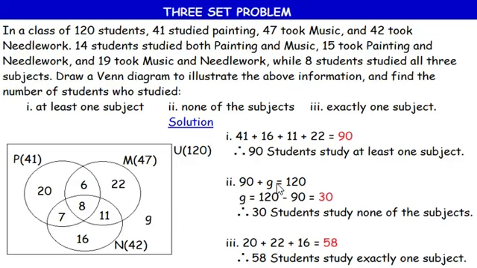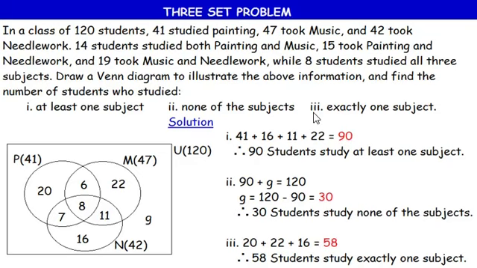So you just add up the region 8, right, which represent those who offer none of the three subjects, and that will give us our universal set to be 120. So 90 plus J is equal to 120 here, right? So our J is simply equal to 120 minus 90, and that is what? That is 30. So 30 students studied none of the subjects. I believe you are following, right?